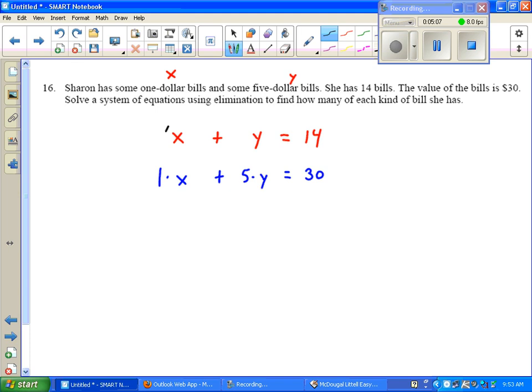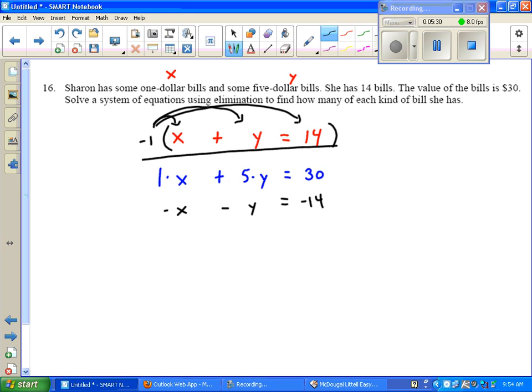So if you take this entire first equation and you multiply it by -1, it'll give us opposite terms. -1 times x leaves you with -x. -1 times y leaves you with -y, and -1 times 14 leaves you with -14. So now you have two equations stacked on top of each other properly with opposite terms.